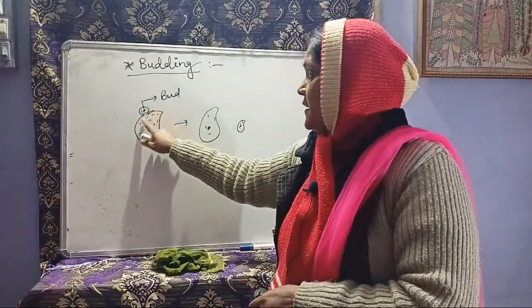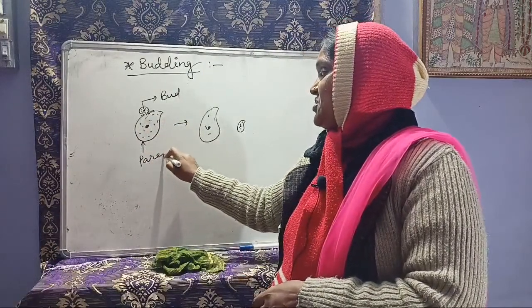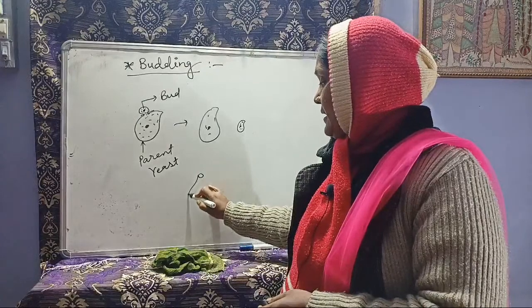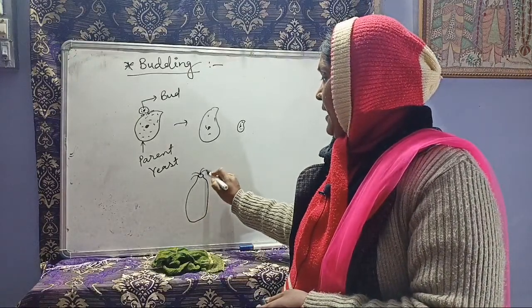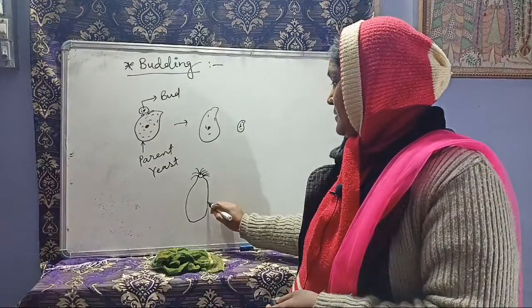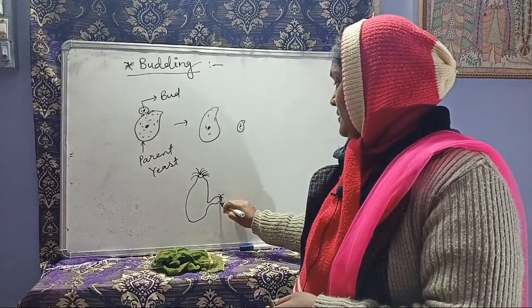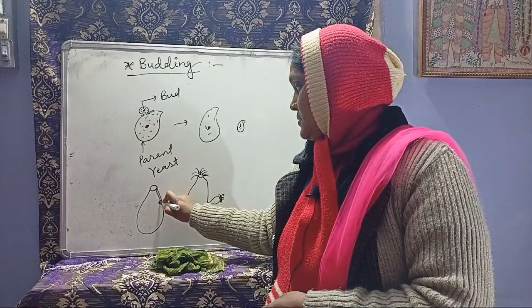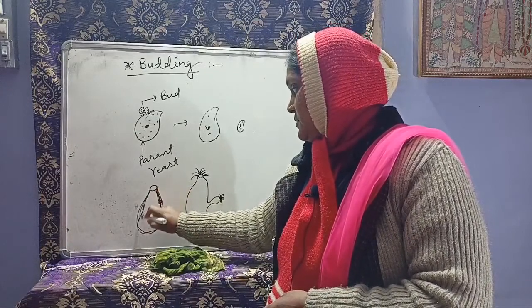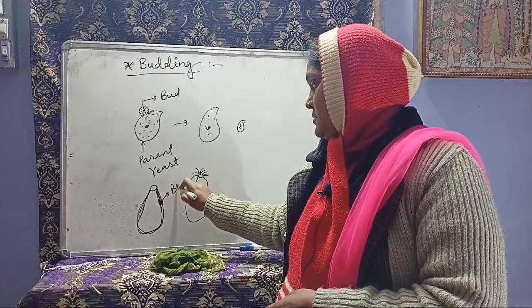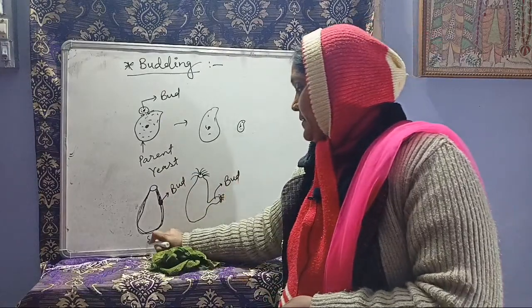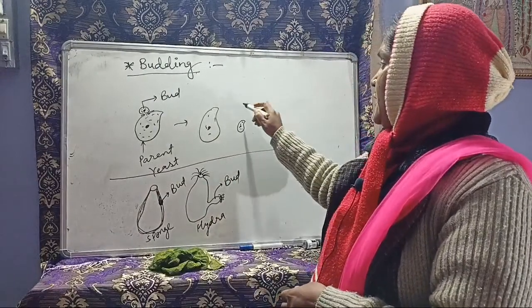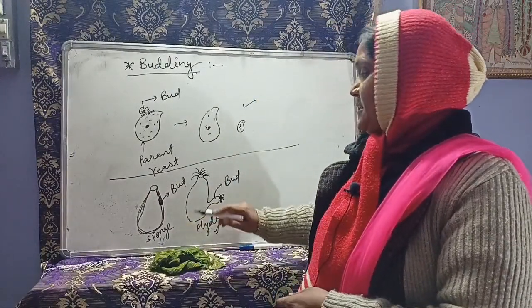Budding takes place in a unicellular parent like yeast, or in multicellular organisms like hydra and sponge.